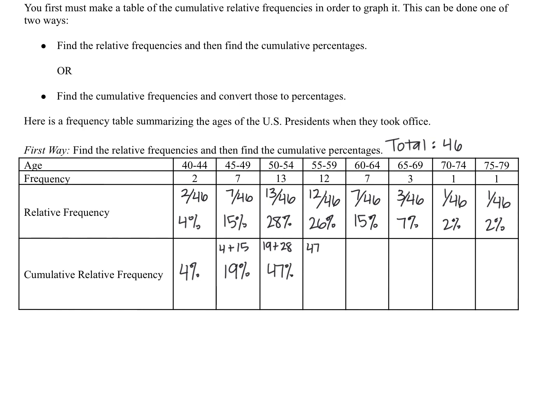Then we do 47 plus 26, which is 73%. Then 73 plus 15, which is 88%. Then 88 plus 7, which is 95%. 95 plus 2, which is 97%. And then 97 plus 2, which is 99%.